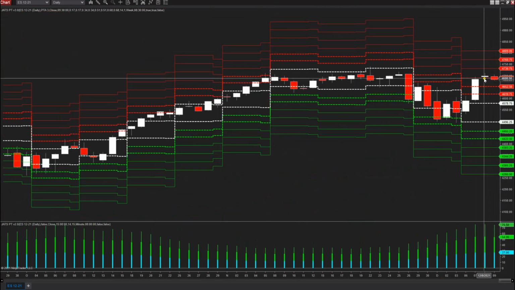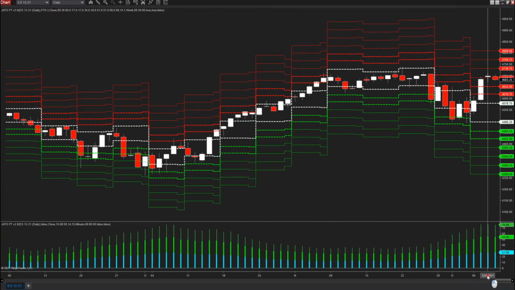We hit above that fib and they're having to send it back in. So these up moves are over in my imagination. 46.91. Anything above that, you're looking at uncle time. Okay?